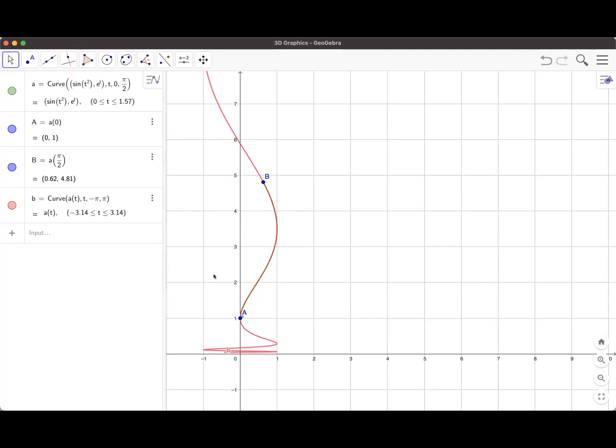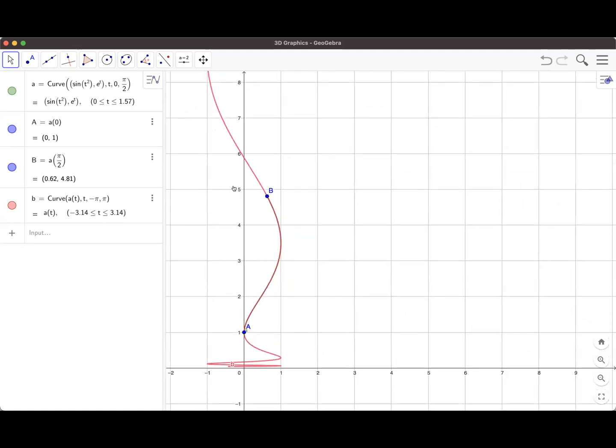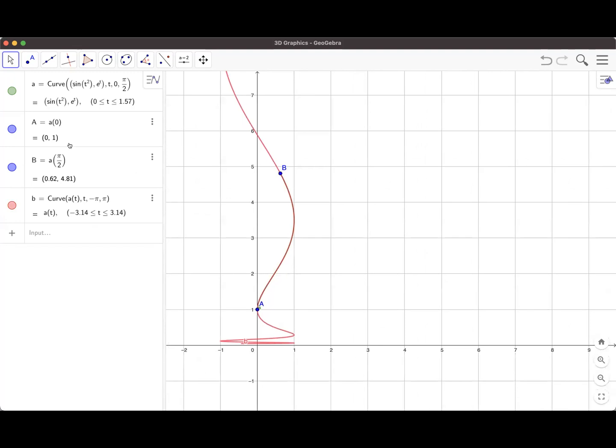And this means that we can extend it. So it just goes like here. It has a wave, and it continues up there. But basically, the portion that we're interested in is the curve which goes from here, from A to B. And that is when we just take the parameter which goes from 0 to pi halves.